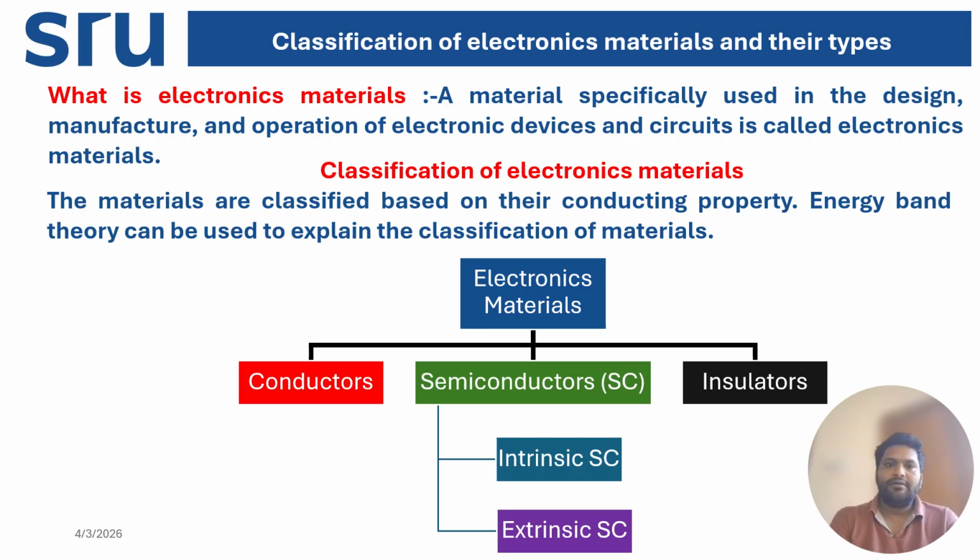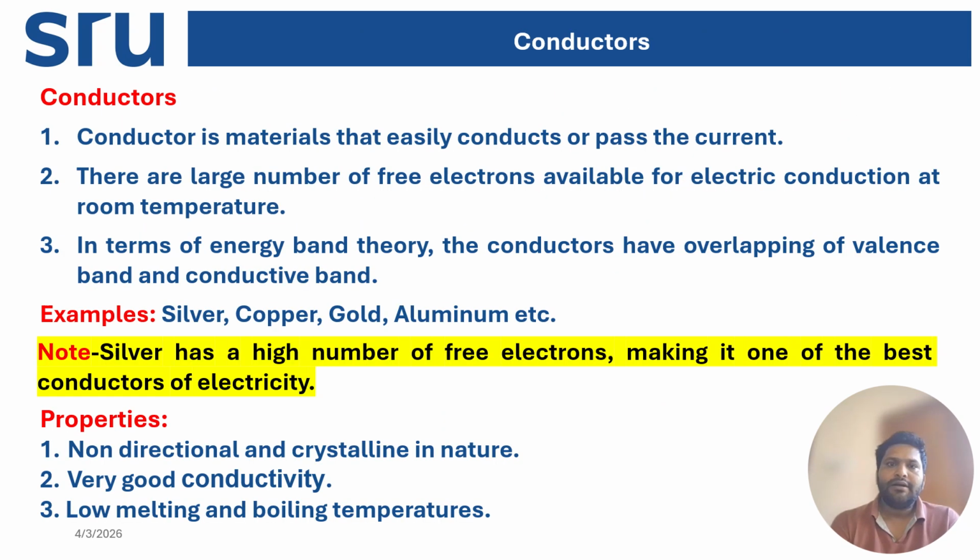These are non-conducting materials, so they do not allow electricity to pass. Examples of insulators are rubber and plastics.